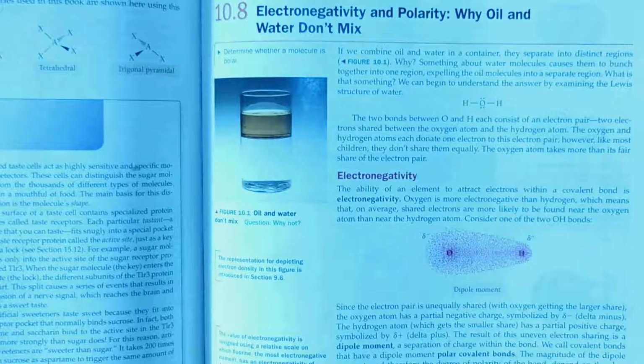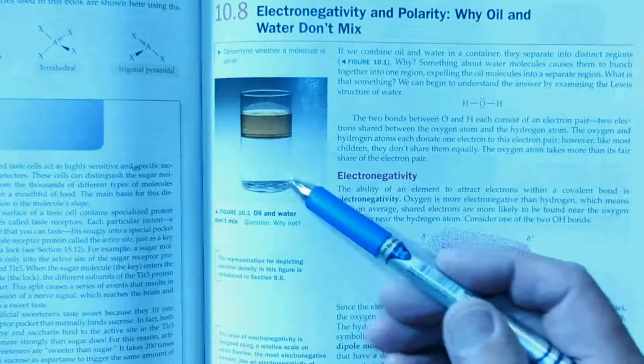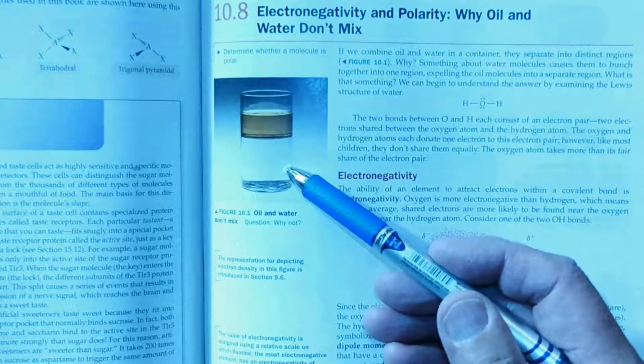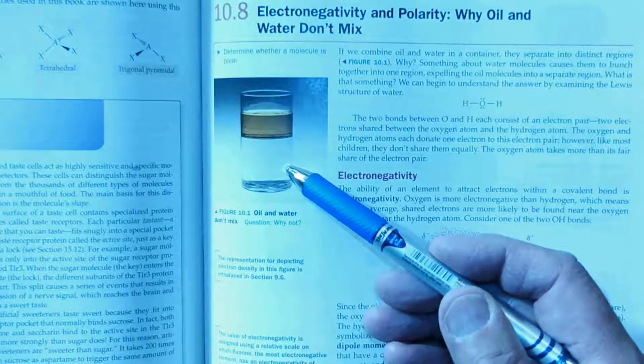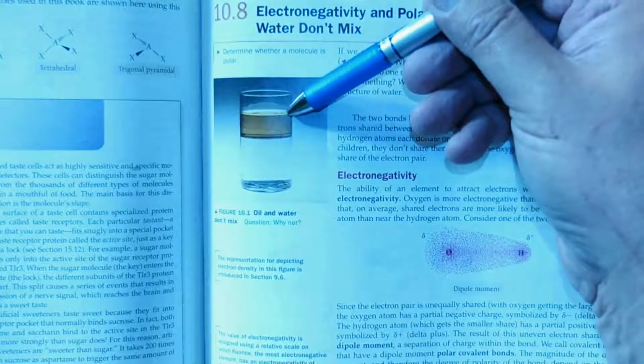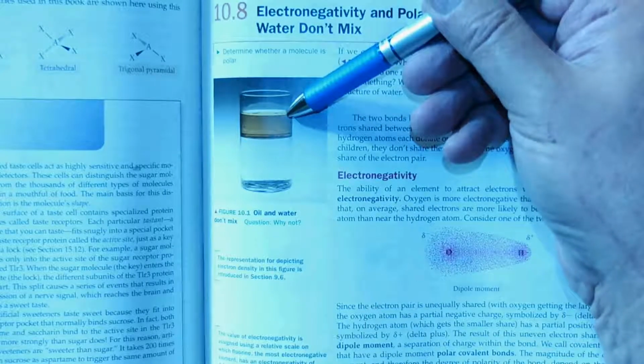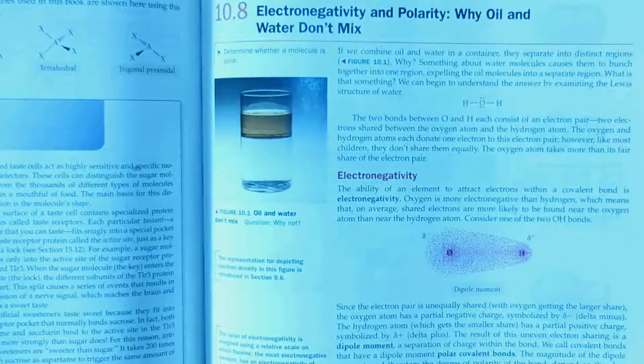Well, the reason they don't mix is water is a very, very polar substance. Oil is nonpolar. And generally speaking, polar things don't mix with nonpolar things. This will become really important in Chapter 12 when we start talking about intermolecular forces.